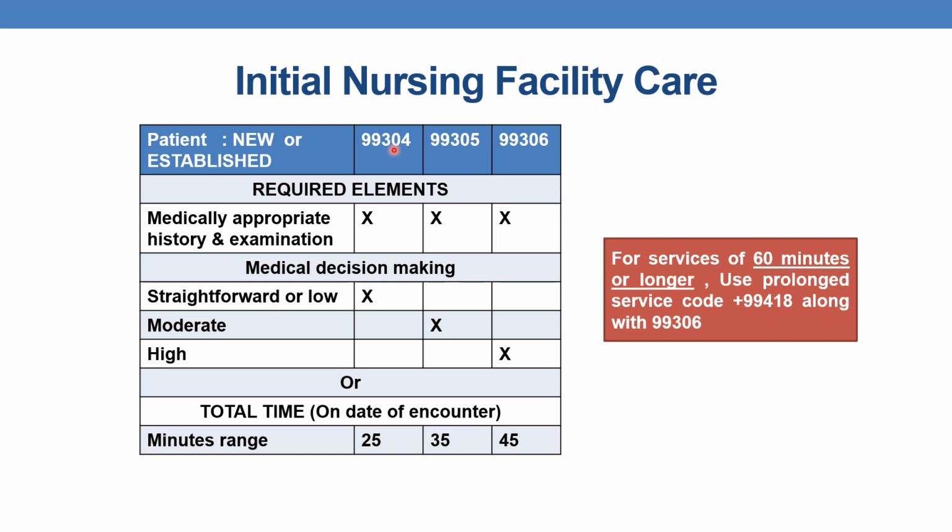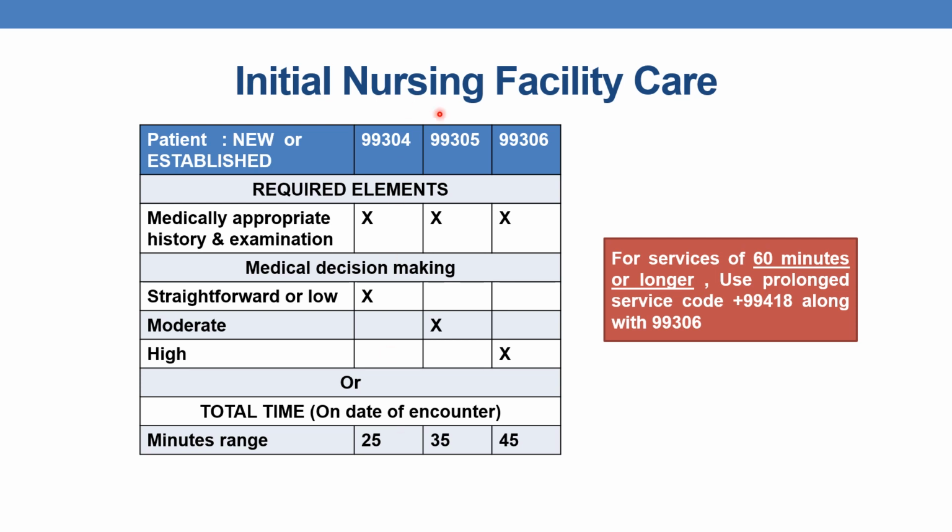In order to code 99304, all the codes require a medically appropriate history and examination, and MDM or time are taken as determining factors. Whenever MDM is considered, to code 99304 you need straightforward or low MDM. Whenever time is considered, it must meet or exceed 25 minutes.